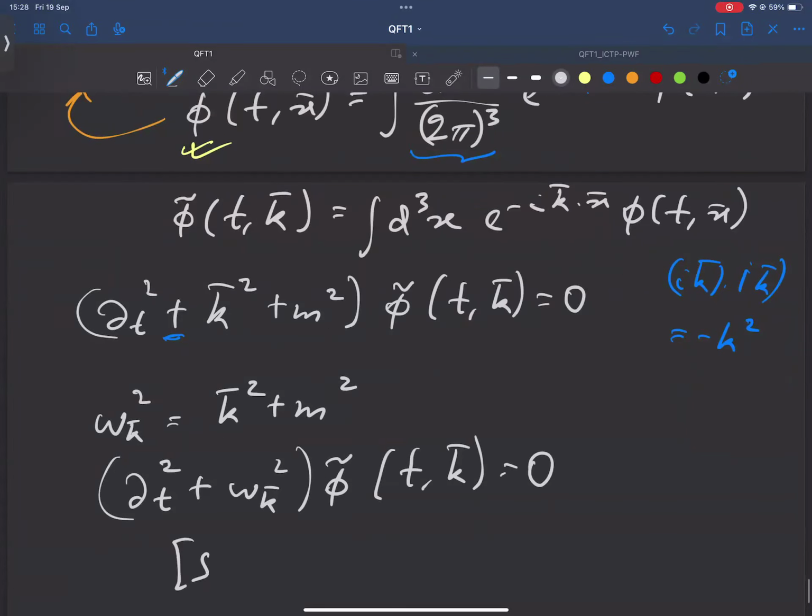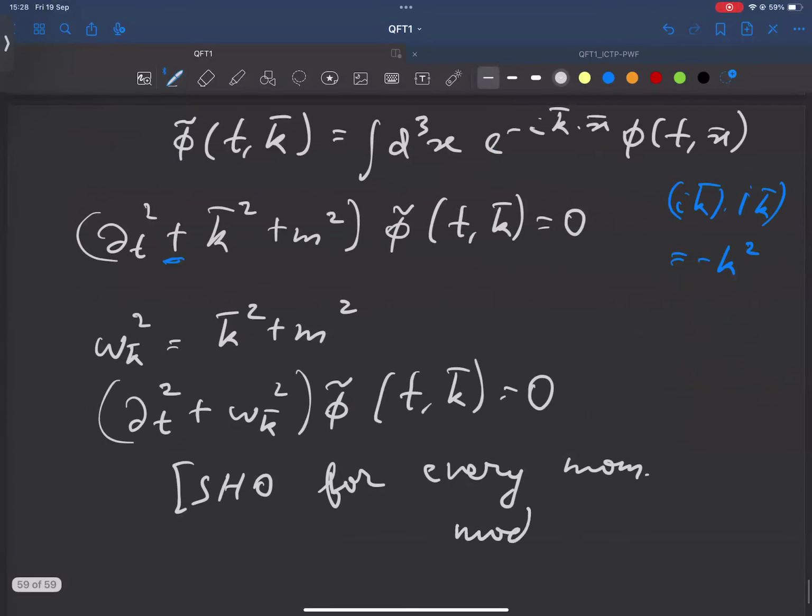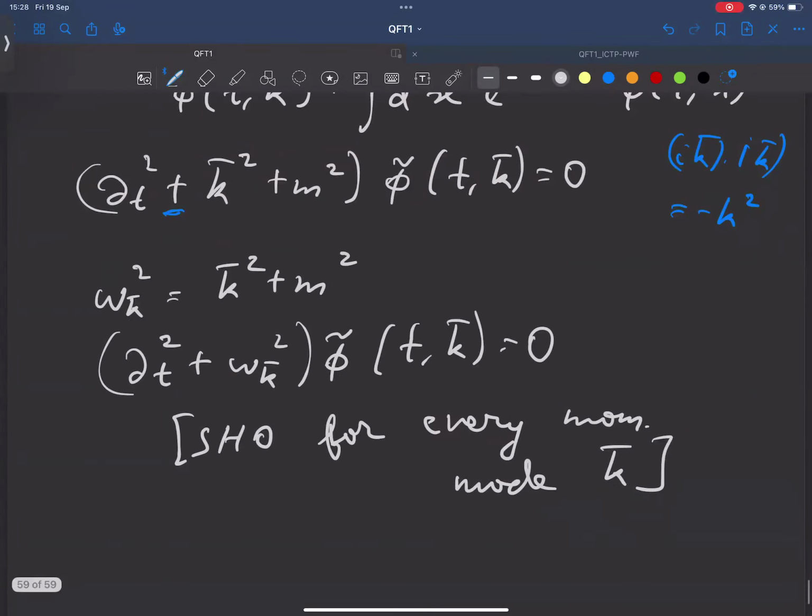Okay, so this is exactly the equation of a harmonic oscillator for every momentum mode k. Now recall that when we started with the scalar field last time, we said that the scalar field Lagrangian describes a set of decoupled simple harmonic oscillators, and that's exactly what we get here.